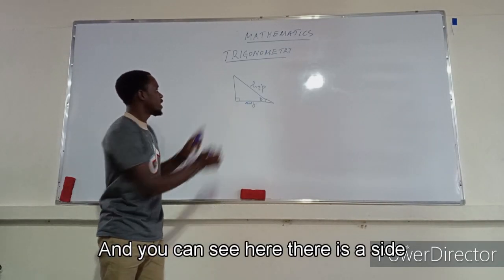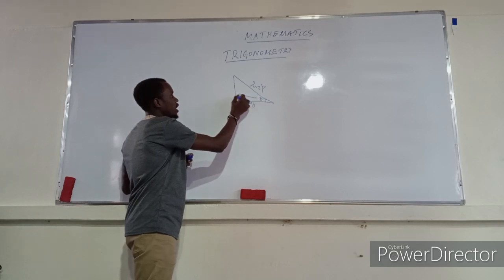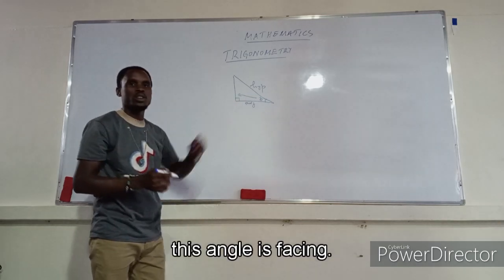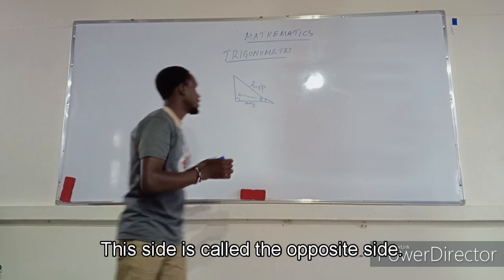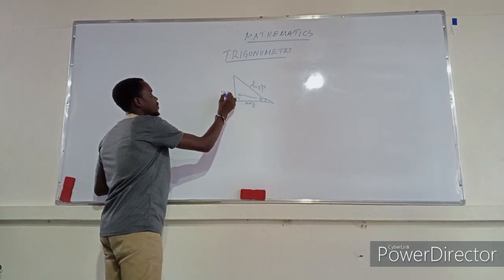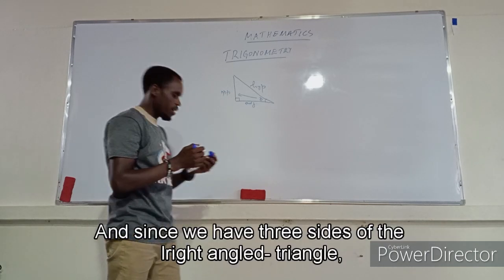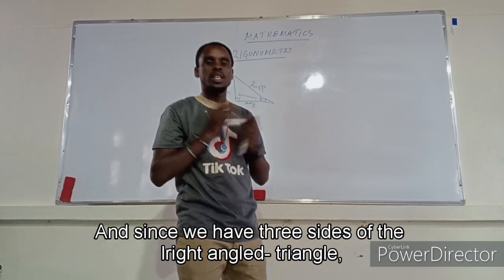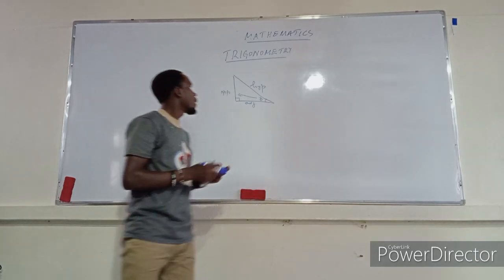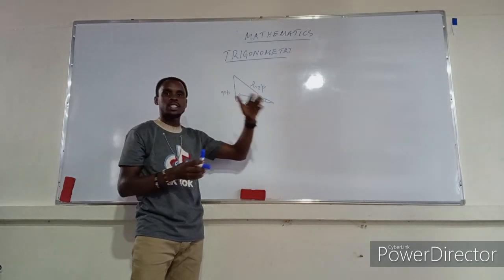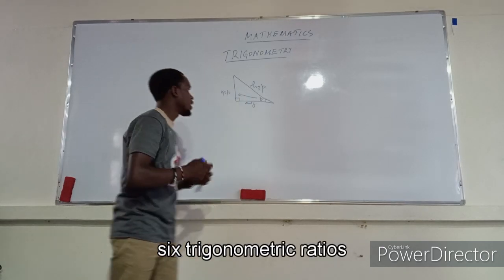And you can see there is a side that this angle is facing. This side is called the opposite side. And since we have three sides of a right-angled triangle, we have 6 trigonometric ratios.